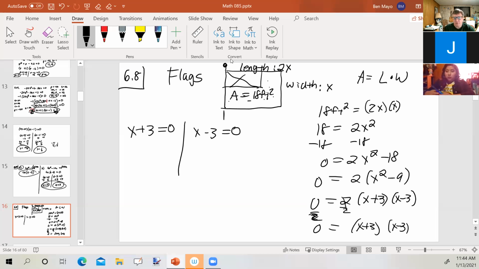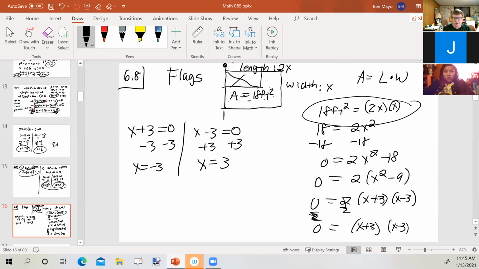If x plus 3 equals 0, subtracting 3 from both sides of the equation, I get x equals negative 3. If x minus 3 equals 0, I add 3 to both sides of the equation and get x equals positive 3. Now, negative 3 and positive 3 are both solutions to this equation.